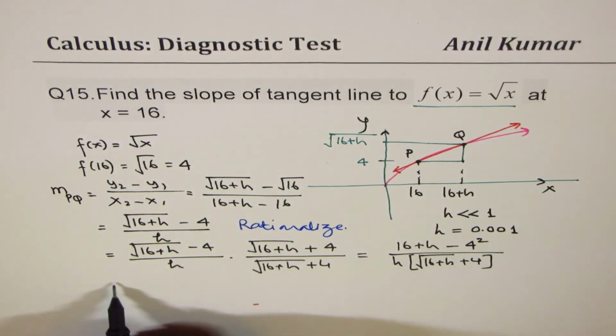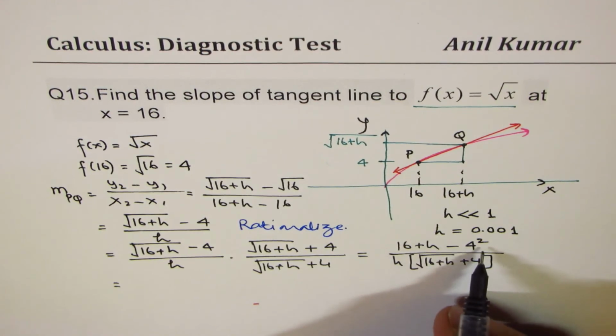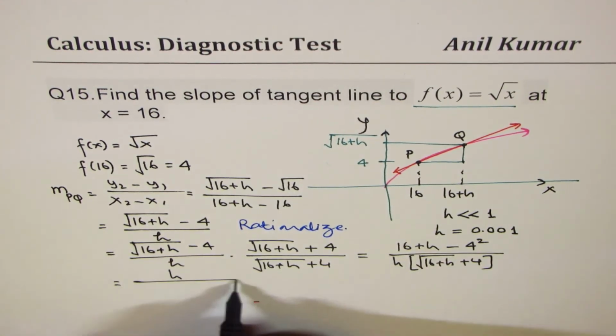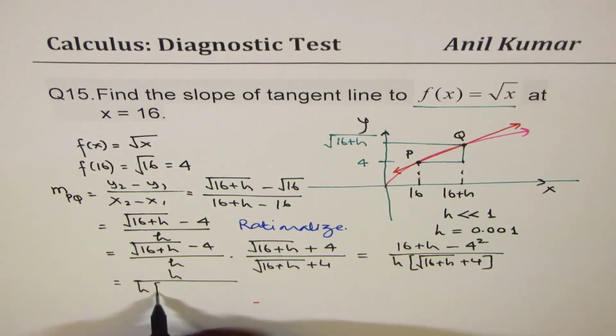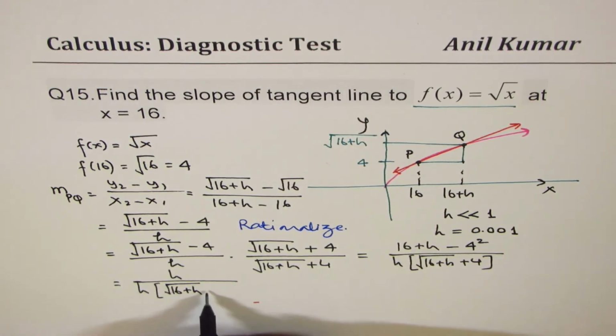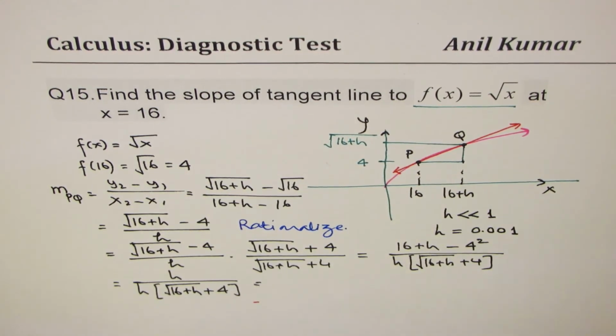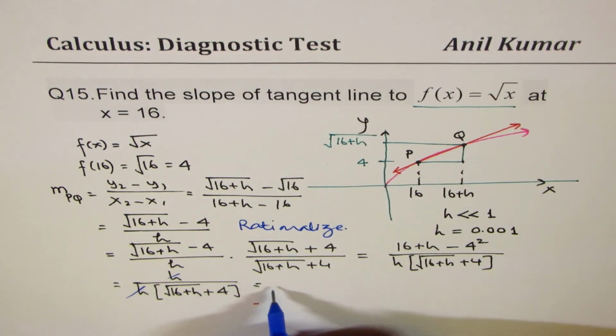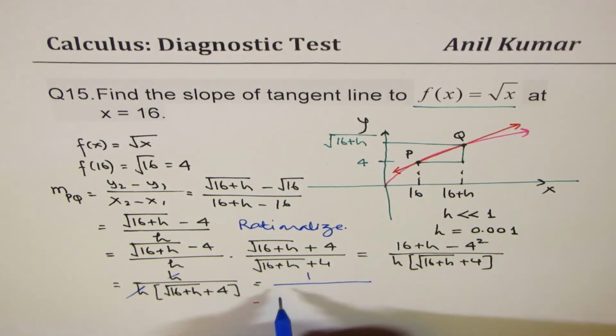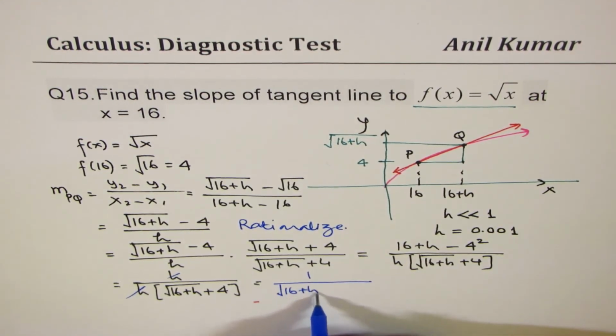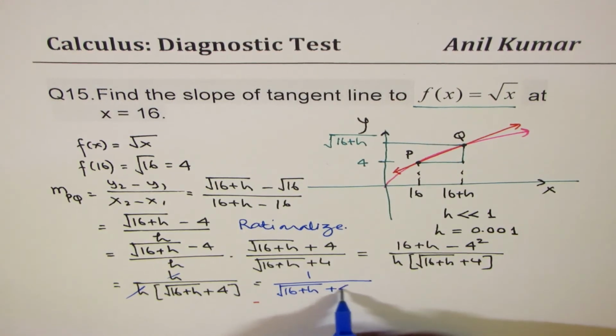So 16 and 16 cancel, so you get h over h times square root of 16 plus h plus 4, right? Now h and h cancel, so we are left with 1 over square root of 16 plus h plus 4.